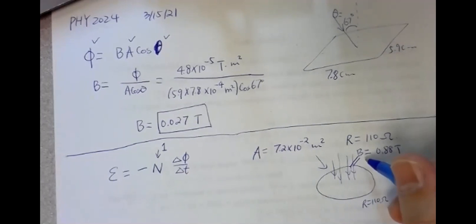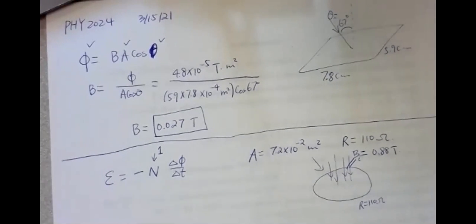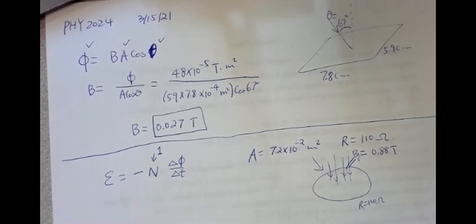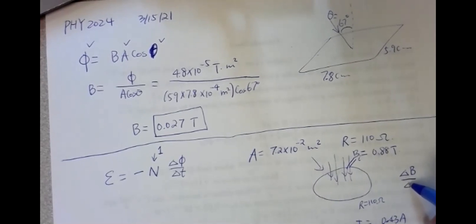Okay, so this is the initial, so I can say B initial. Right. So it's asking you at what rate must this field be changing? So then the induced current I is equal to 0.43 amps. So it's looking for the change of B field at the rate. So that means delta B over delta T. Okay, what's that change?